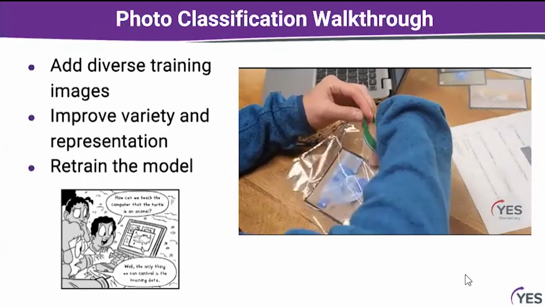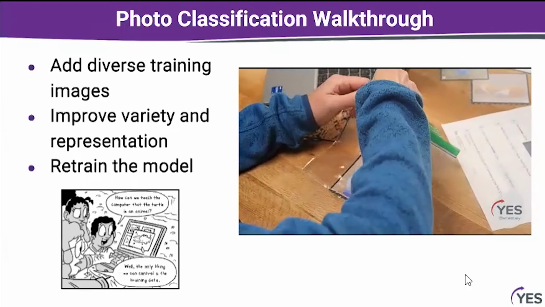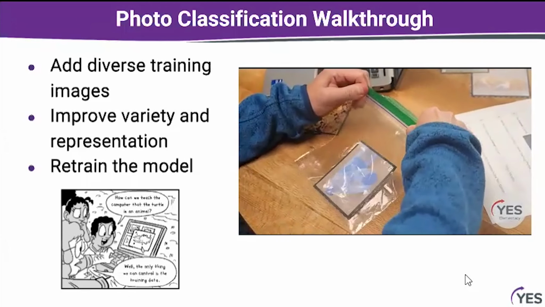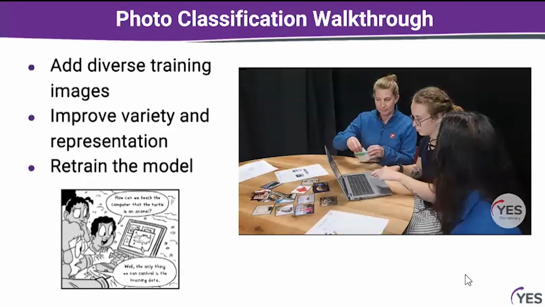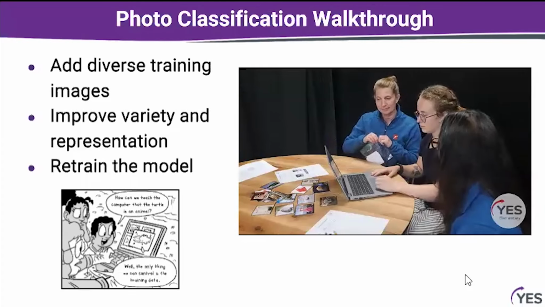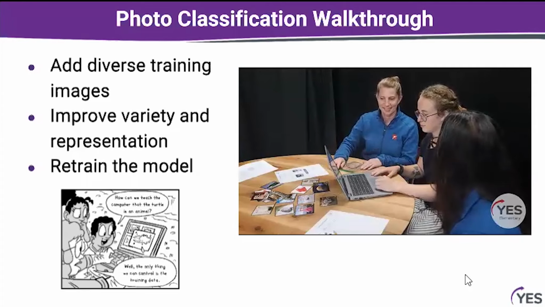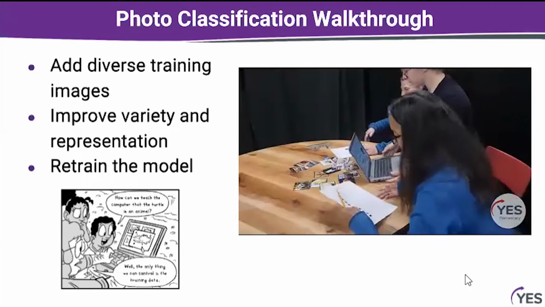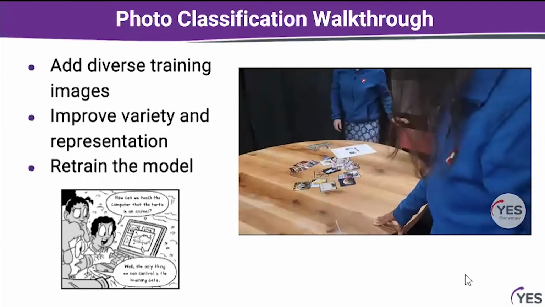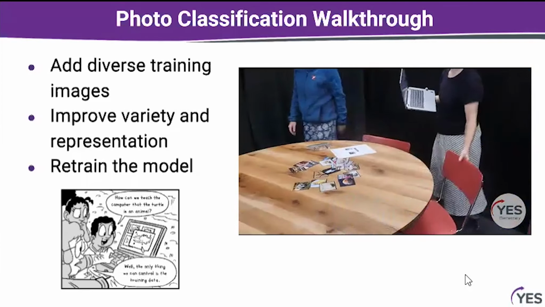Just click on the trash can icon to delete the extra. After adding a photo to the training data, the photo holder puts it back in the bag so it won't be used again. Once all 3 training photos are added, the trainer clicks Train Model. Wait while the computer finds patterns in the training data. To test, the whole group will bring the trained computer to the test station.